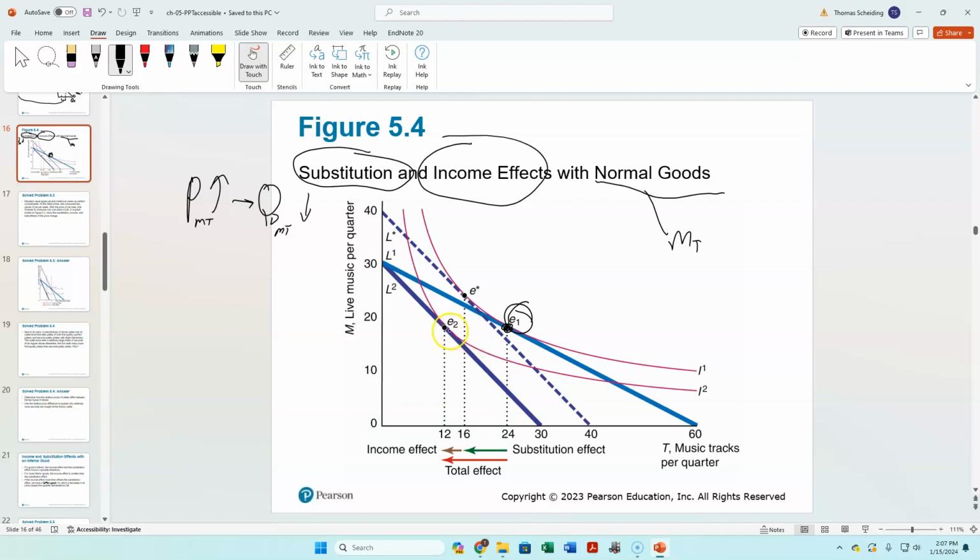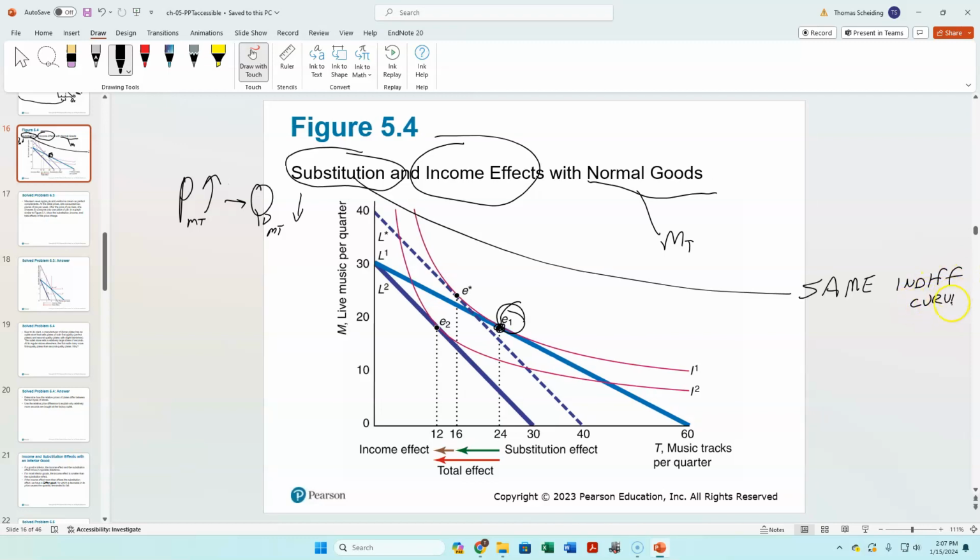But what I do is I now draw a line that's parallel to this new price ratio, because that line would have that same slope, that same MRT. So what I do is I want to stay on the same indifference curve, but I want to have the new price ratio present.